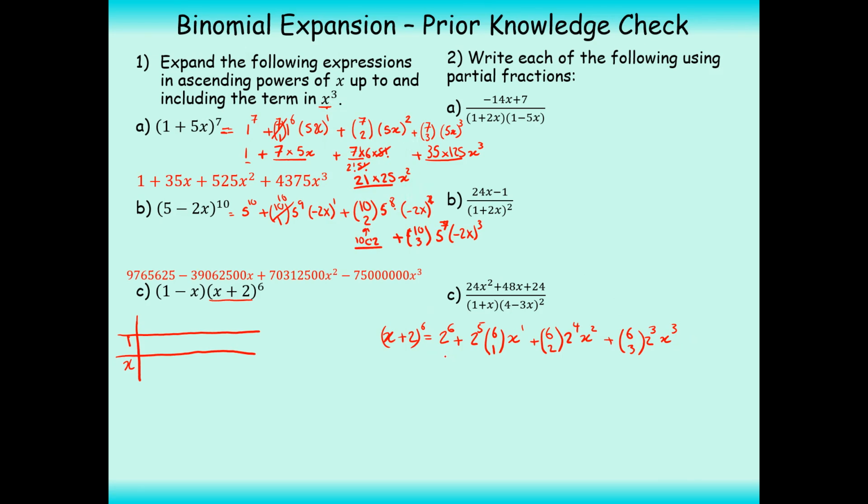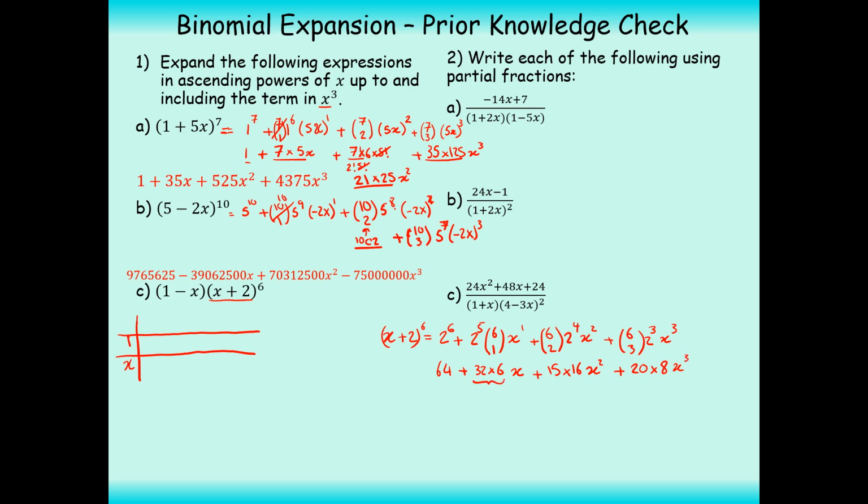So 2 raised to the power of 6 is 64, 2 to the power of 5 is 32, 32 times 6 x, and 6 choose 2 is 15, 15 times 16 x squared, plus 6 choose 3 is 20, so we'll have 20 times 8 x cubed.